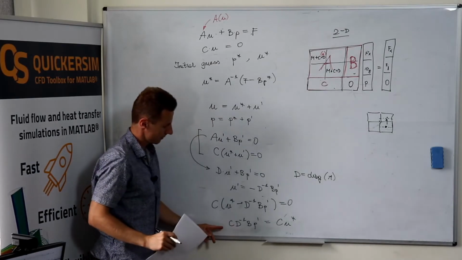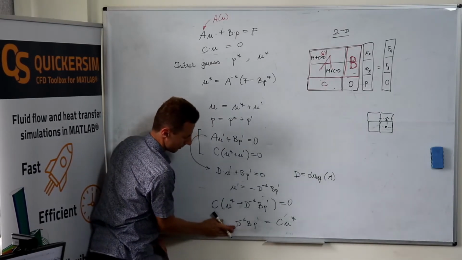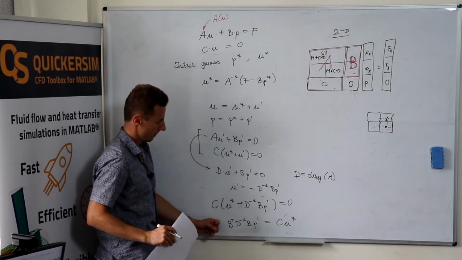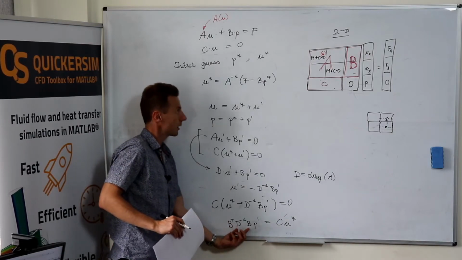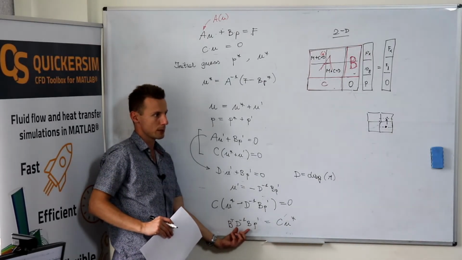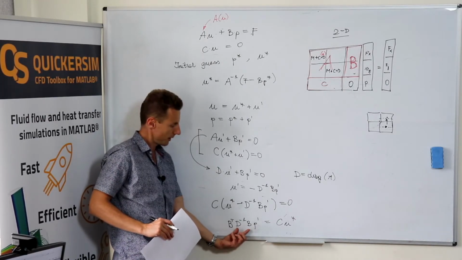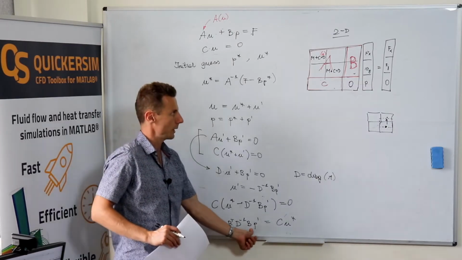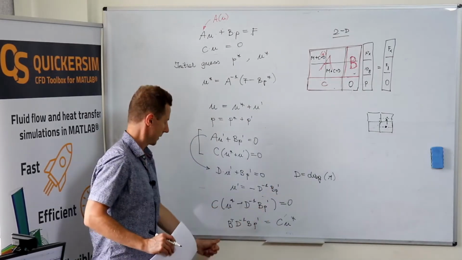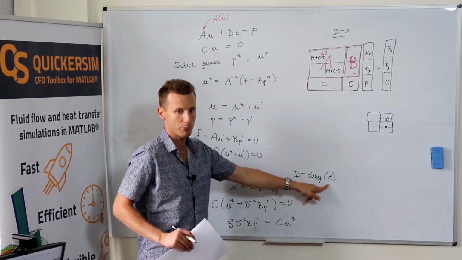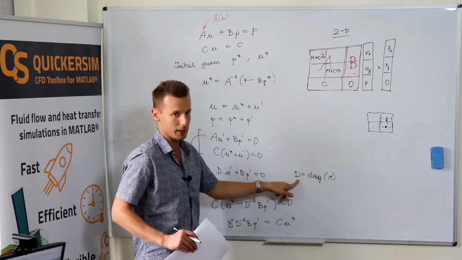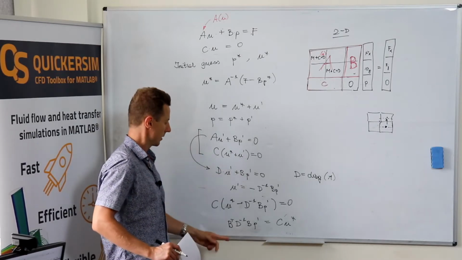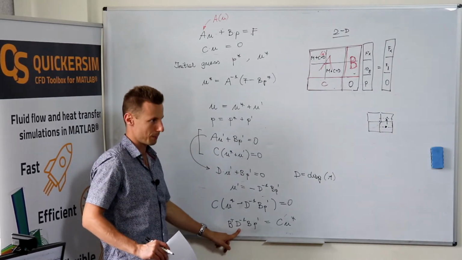And let me comment on that. Again, C is nothing else than B transpose. Here we've got a matrix which is symmetric, positive definite. The good information is that we explicitly have B. D is the diagonal of A, so we explicitly have D. The inverse of D is just the inverse of each of the elements on the main diagonal, so we've got D minus 1 explicitly.